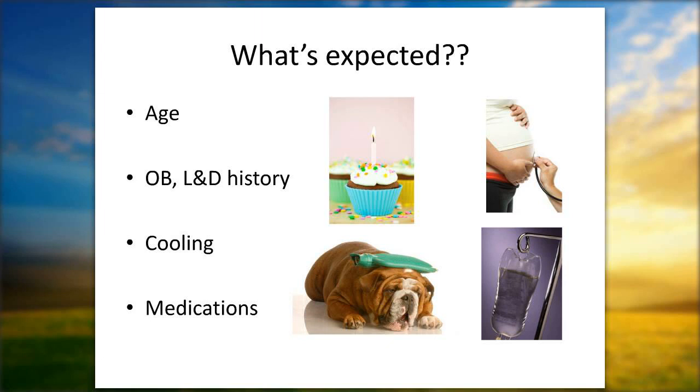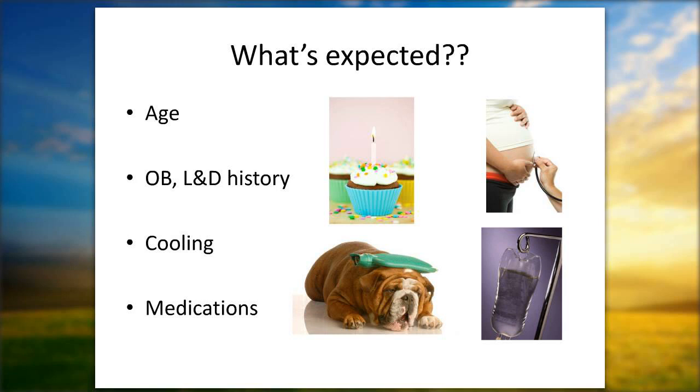When we think about the baby's history, we can think of their long-term history: their gestation, their gestational age, and their current chronological age. But really, what was their OB history, depending on how far away or how close that was to when you're monitoring them? Whether or not you're cooling, what stage of cooling you're in, and what medications they have recently received.